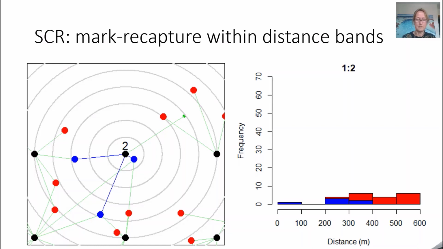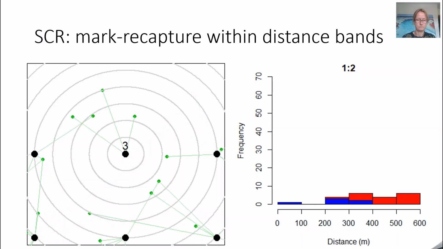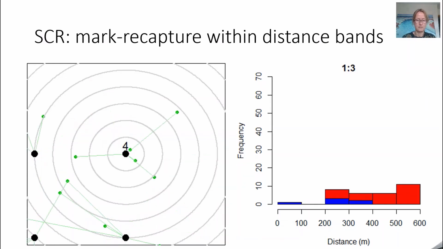And so we can add these to the histogram on the right. For detector 3, we only had trials that were failures. So we only increased the red bars in the histogram. Similar for detector 4, we only had trials that were failures. So we only increased the red bars in the histogram.